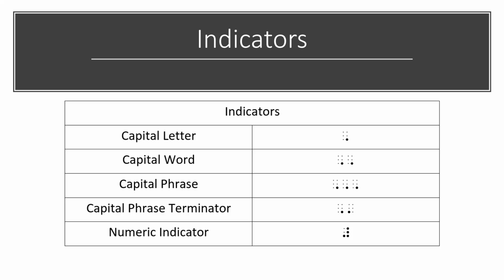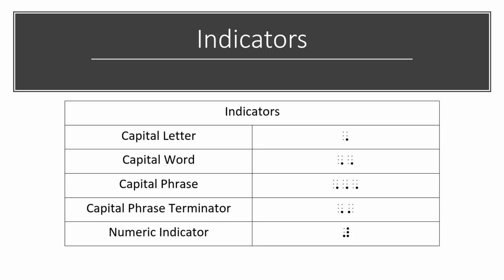What was better about that is the old way of doing it was to put dots 6-6 in front of every single word in a passage that was capitalized, which went on forever in some cases. So using just one symbol and then a terminator at the end is very convenient. And then, of course, the numeric indicator.